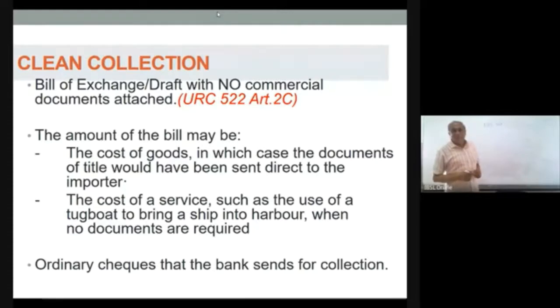Your uncle is in the USA, and your birthday is, say, on the 15th of July. Then your uncle will send you a draft. Sorry, he will send you his personal check.